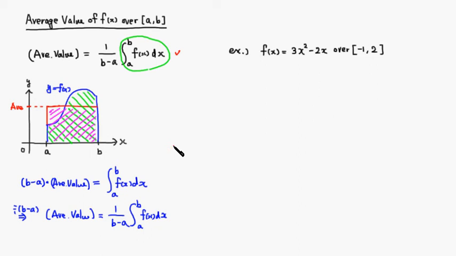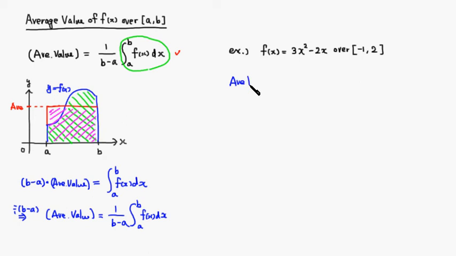So that checks out. Let's apply that to a simple function f of x, 3x squared minus 2x, over the interval from -1 to 2. Let's find the average value.